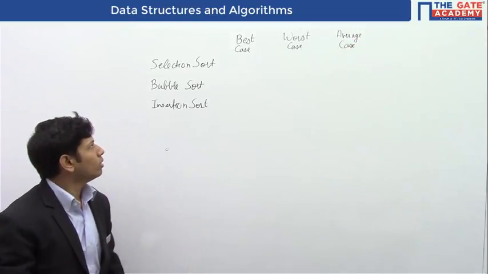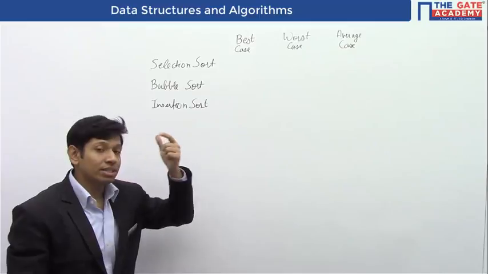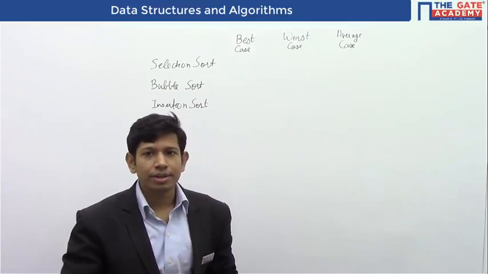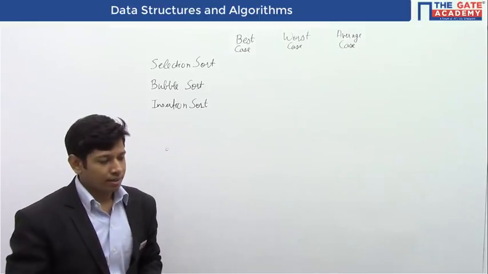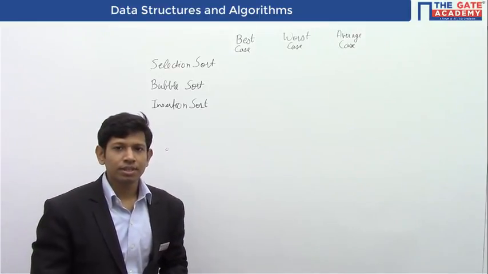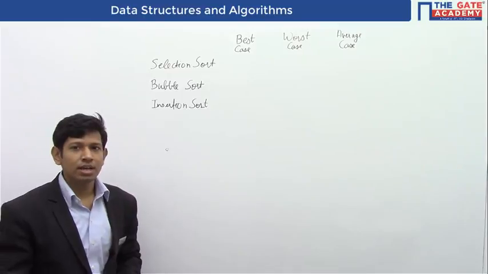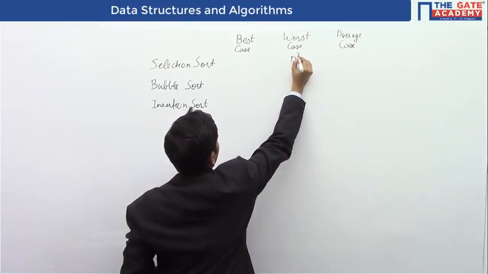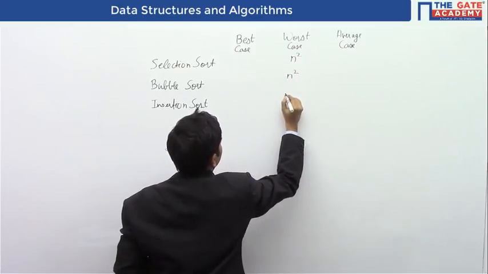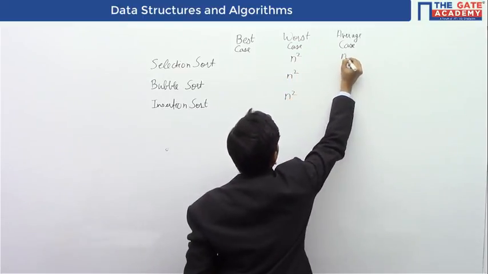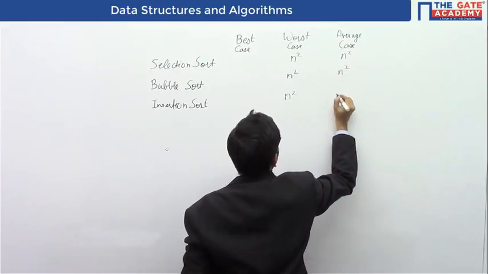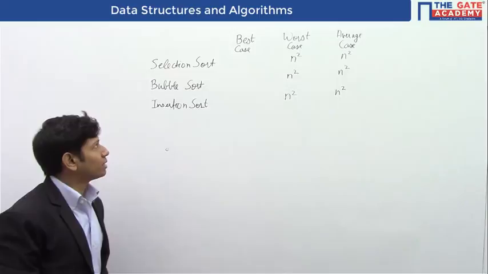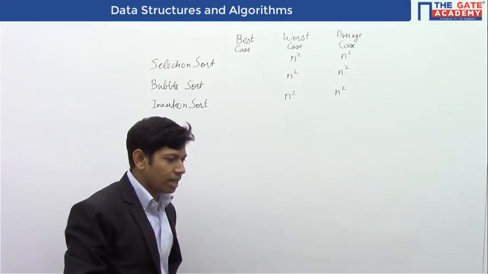So as we know, the worst case and average case running time of all these three algorithms is quadratic, that is, the running time of all these algorithms in worst and average cases is order of n squared. Next thing that we have to see is what are the best cases of all these three algorithms.